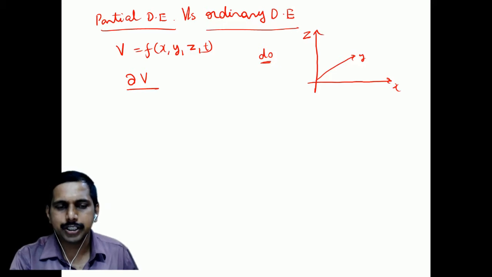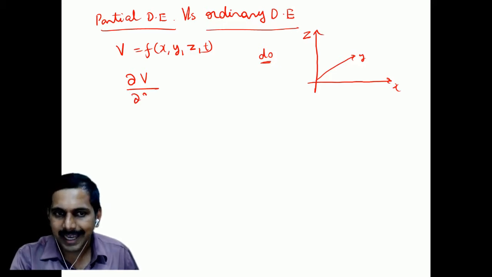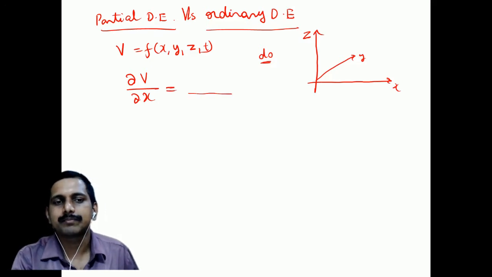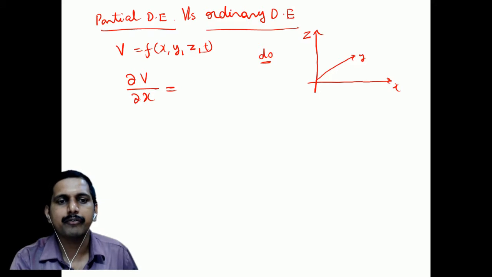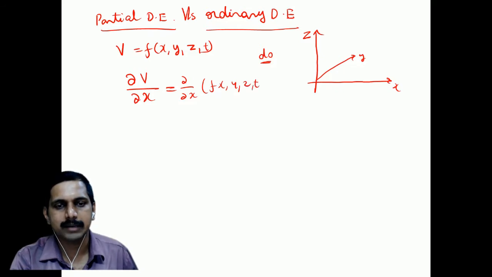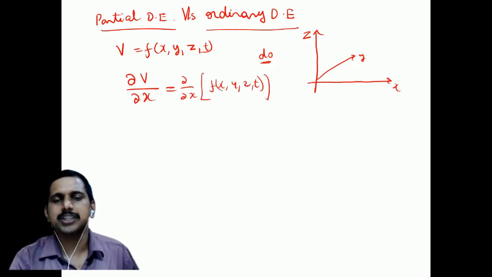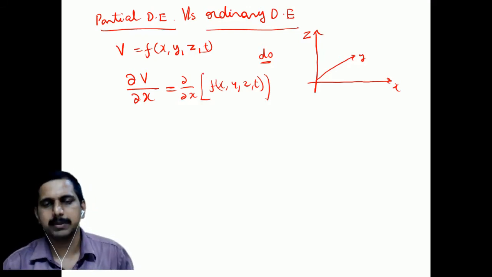Partial of velocity with respect to x will be given, that would be dou x of f of x, y, z and time. This is called partial. That means there is variation in y, z and time, but I am not worried about it.